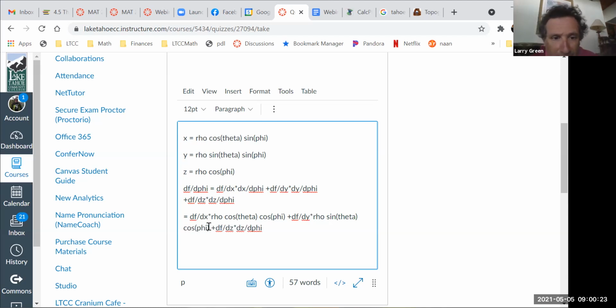And then del z del phi will be, instead of rho cosine phi, negative rho sine phi. In fact, I think it's easier to just type this one. So the plus becomes a minus, and then we get rho times the sine of phi.